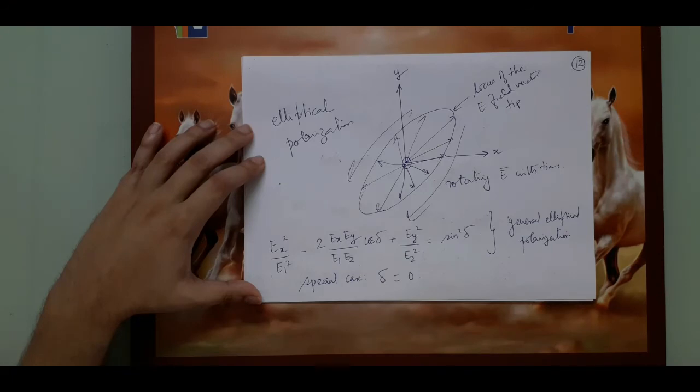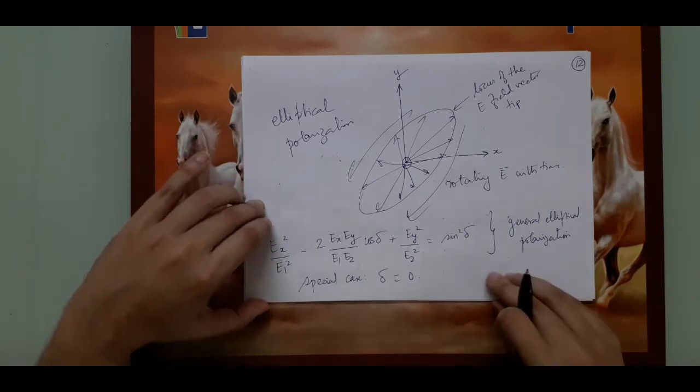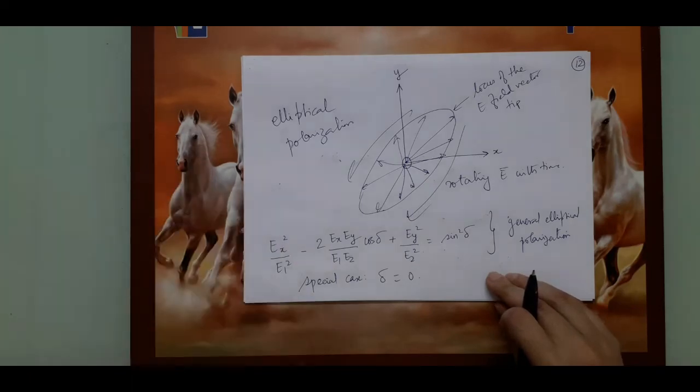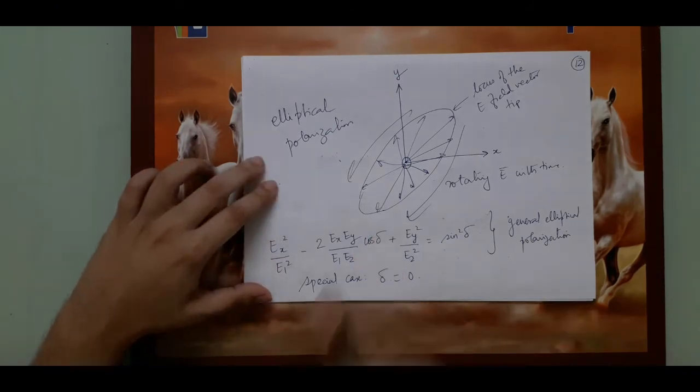So therefore, if delta is 0, this equation would become something much more simple.